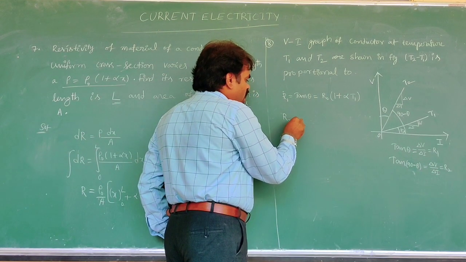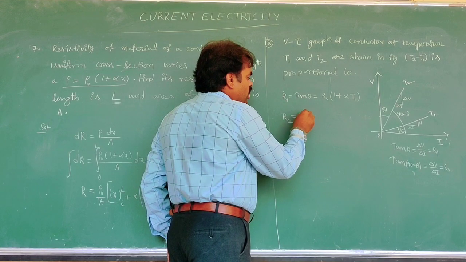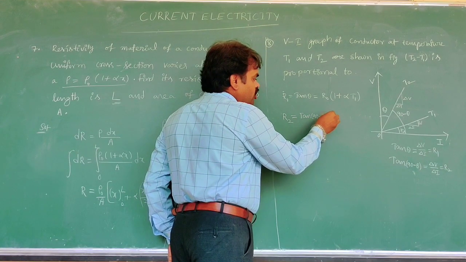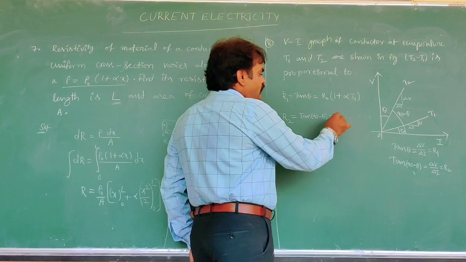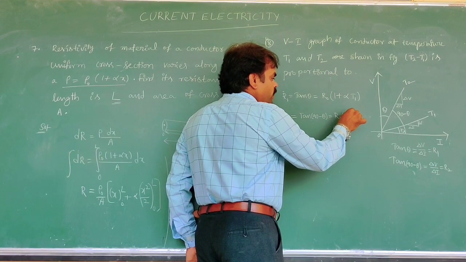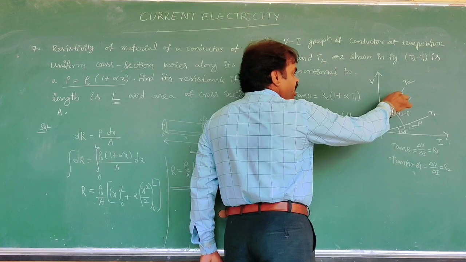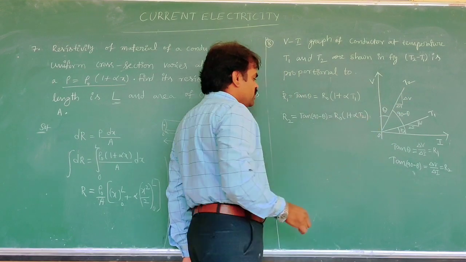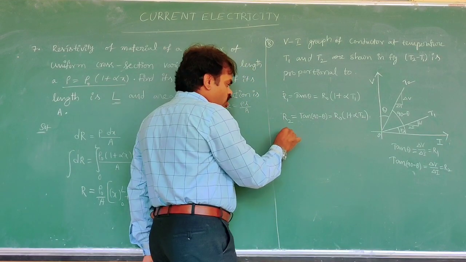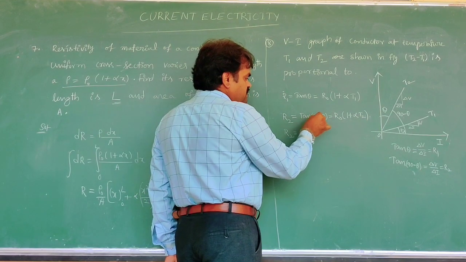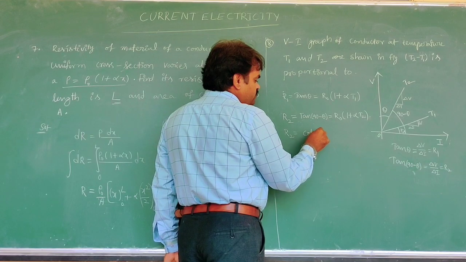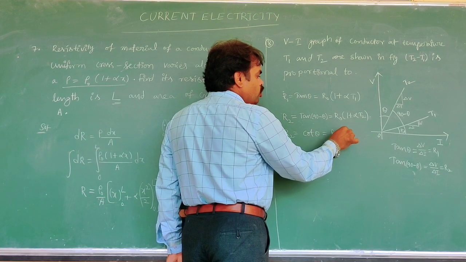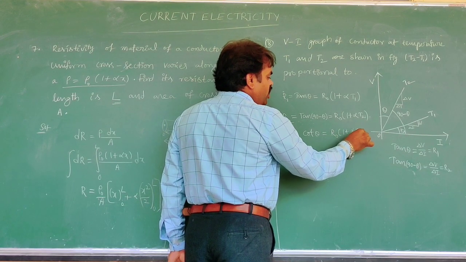Now R2 is equal to tan of 90 minus theta, equal to R0 into 1 plus alpha T2 for the second line at temperature T2. Then R2 can be written as cot theta, so cot theta is equal to R0 into 1 plus alpha T2.